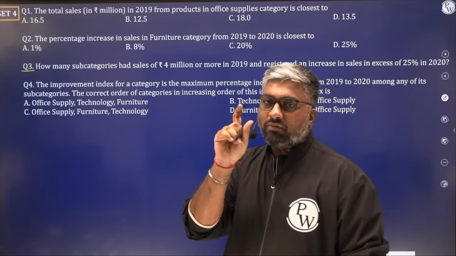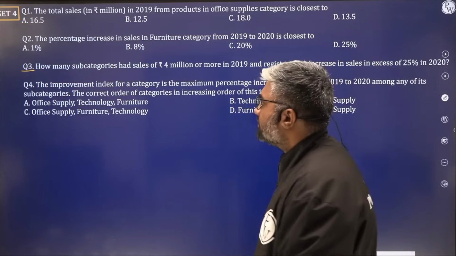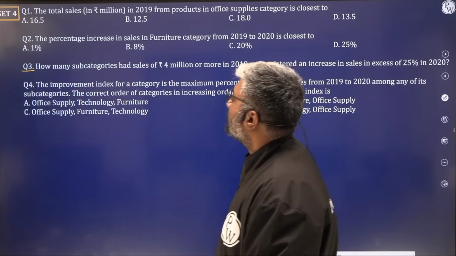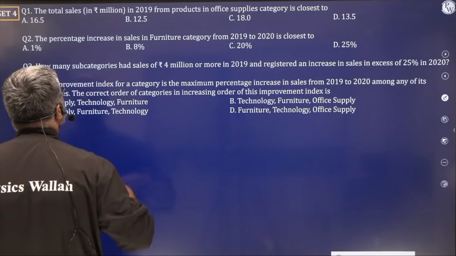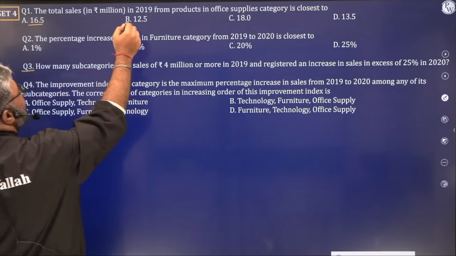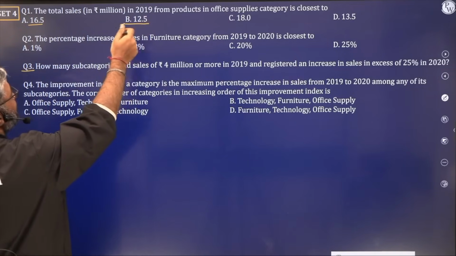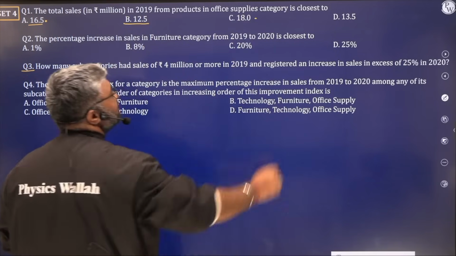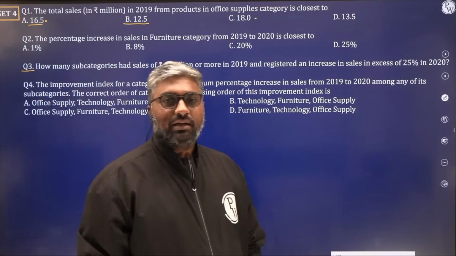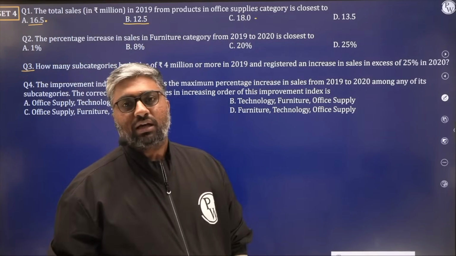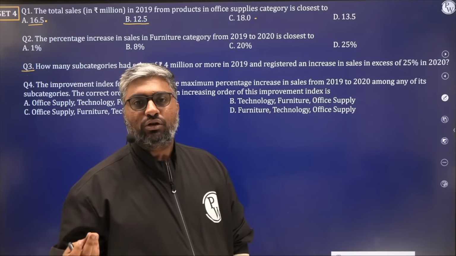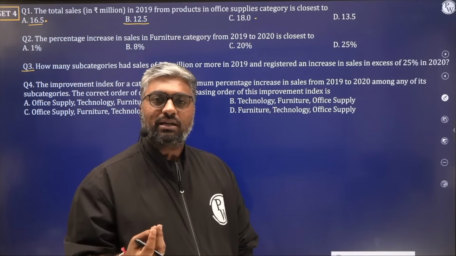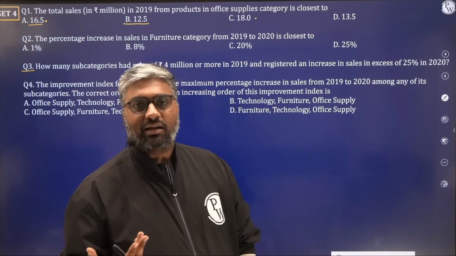Do we have a good amount of gap between the options? तो फर्स्ट में अगर आप देखोगे they are asking for total sales 16.5 and 12.5 अच्छा खासा गैप है, बट 16.5 and 18 जस्ट 1.5 का गैप है. तो ये 1.5 जो है अगर आप 0.2 करके कहीं 7 जगह पे आप मिस्टेक कर दे तो ये दिक्कत क्रिएट कर देगा, है ना.